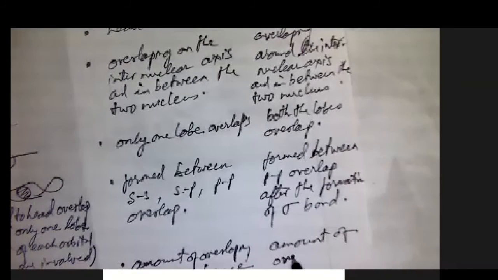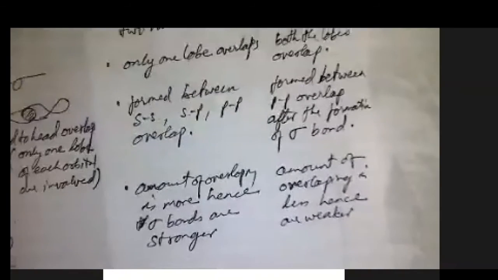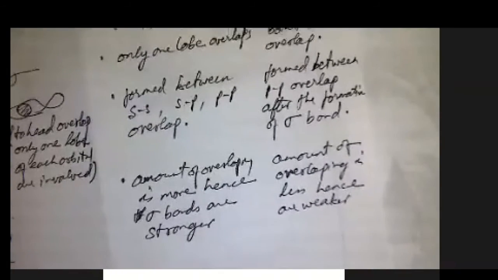In this case, the amount of overlapping is less, hence pi bonds are weaker. They are weaker than the other one. Amount of overlapping is more in case of sigma bond, and it is less in case of pi bond.